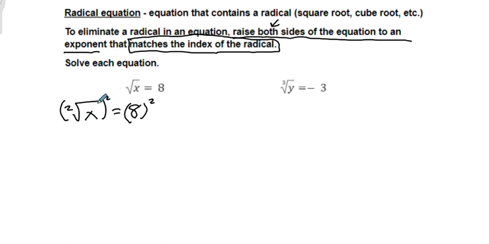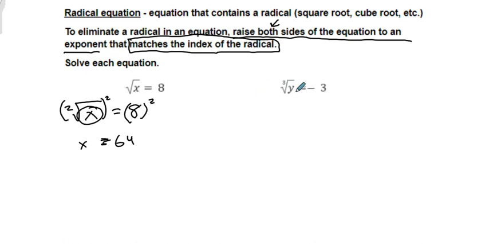They kind of vaporize each other. This takes care of this whole thing here, and you're just left with what's under your radical, right? So you get x, and then this gives you 64. And lo and behold, you're finished, right? You've got x by itself, and you don't have to do anything else. So that's pretty straightforward for that one.